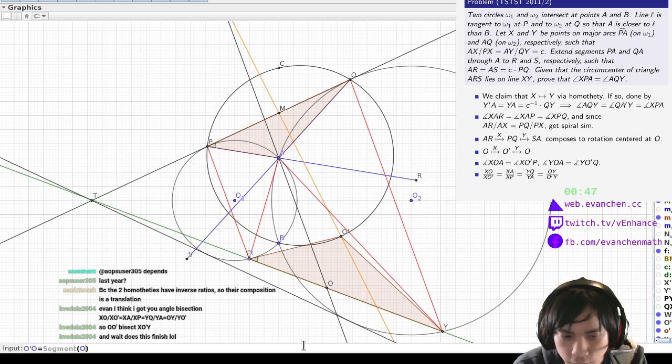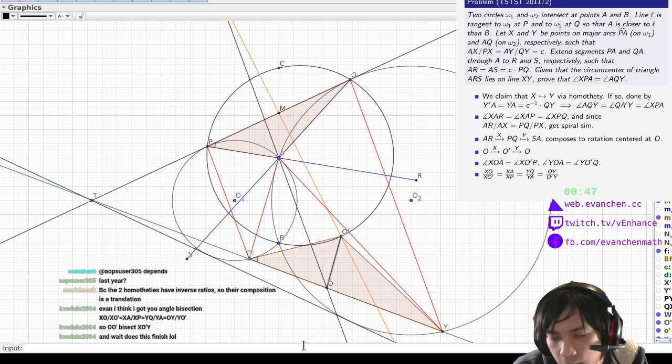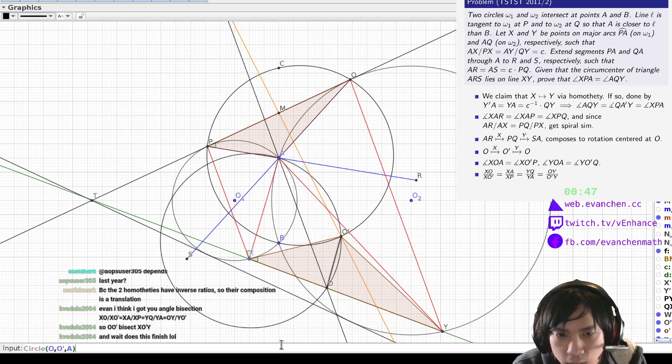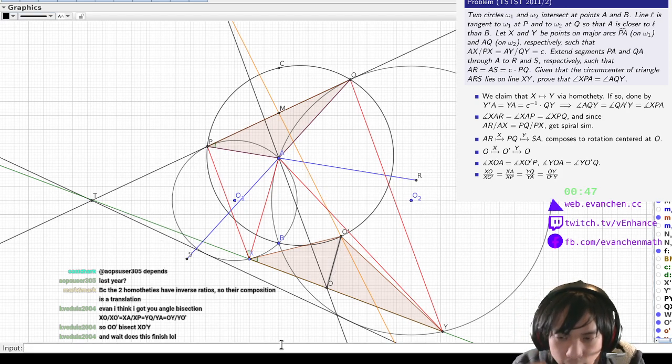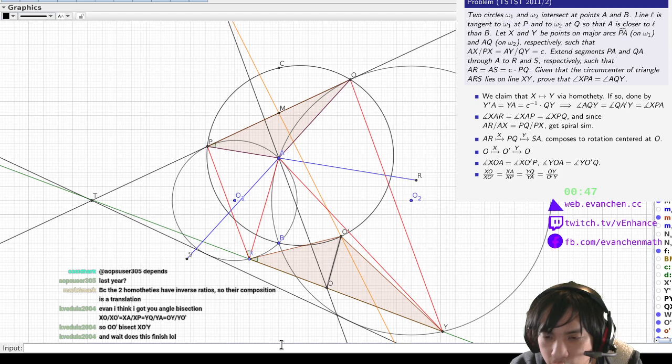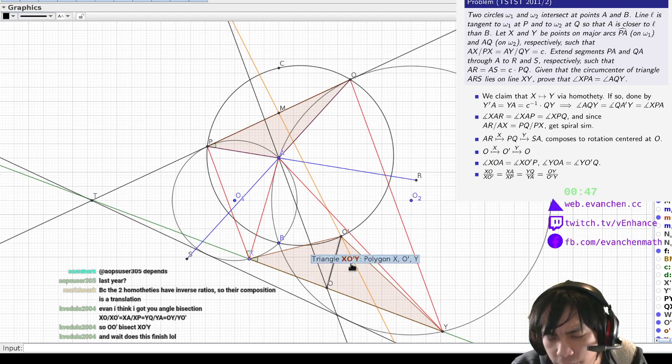That wasn't the angle one I had in mind, but... On the other hand, the spiral sim should give me some random angles are equal. Okay, so... So O prime O... Wait, does it map anywhere?